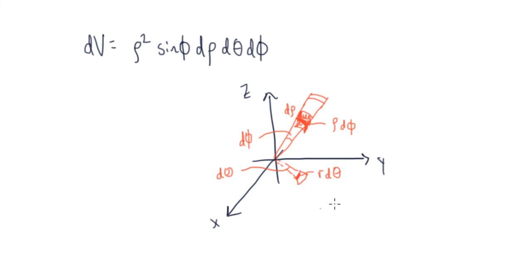But what is r? r is actually equal to rho sine phi. So if I put this all together, dv should be rho sine phi, times rho d phi, times d theta, times d rho. So all in all, I get rho squared sine phi d rho d theta d phi.